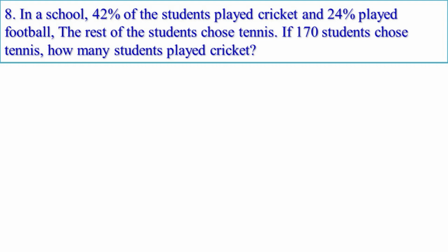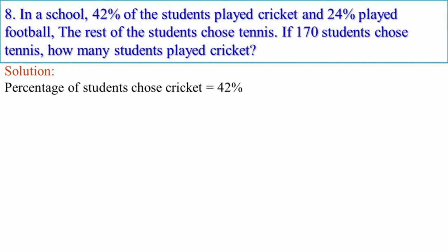They have given the percentage of students who played cricket as 42% and football as 24%, and the remaining played tennis. Here the number of students who played tennis is equal to 170 and we have to find the number of students who played cricket. Let us find the solution.